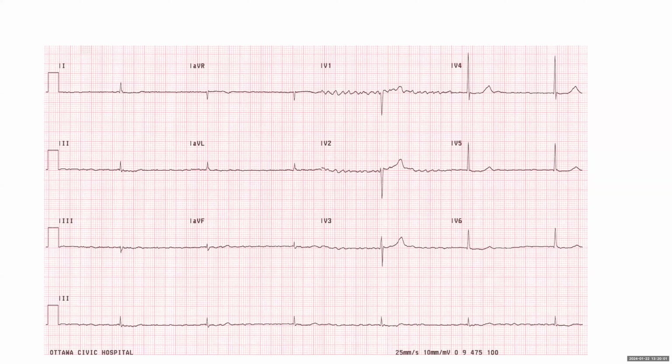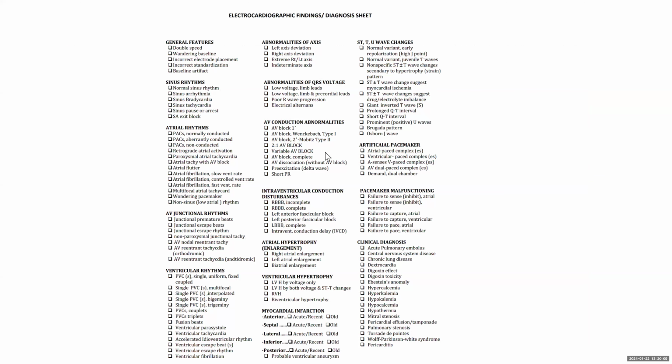Okay, I think most of you got it. So you guys mentioned atrial fibrillation with slow ventricular rate. Then you have low voltage in the limb leads. You have junctional escape rhythm.